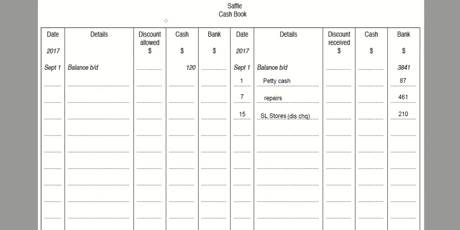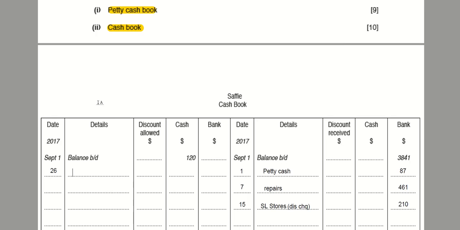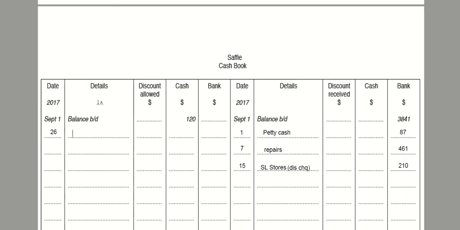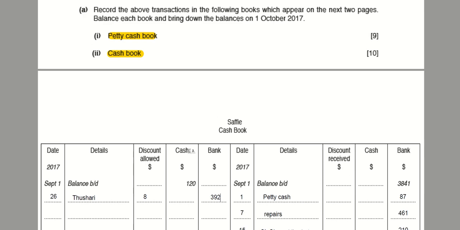So we are receiving a check. So on the debit side of the cash book, we'll write the name of the customer, just confirming. And we'll put the $8 in discount allowed and $392 in the bank column, and the working has been shown again.